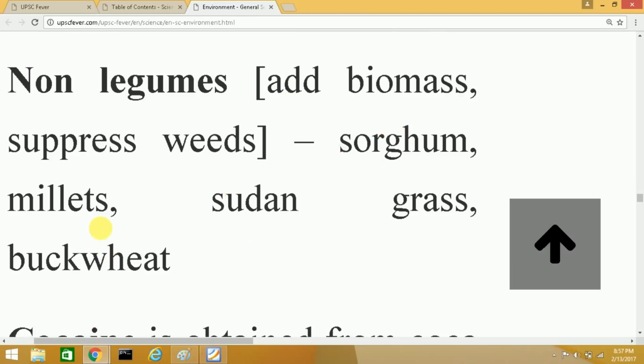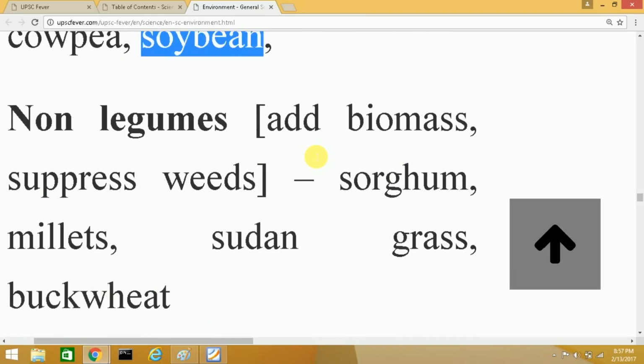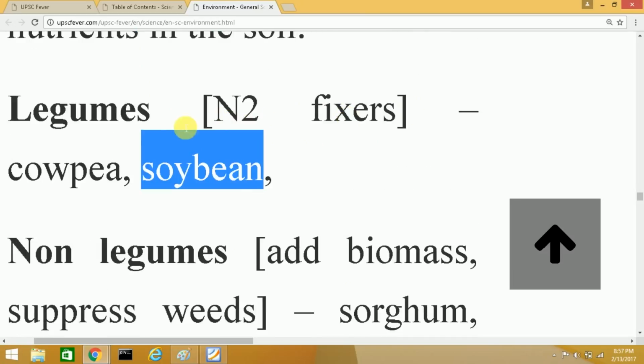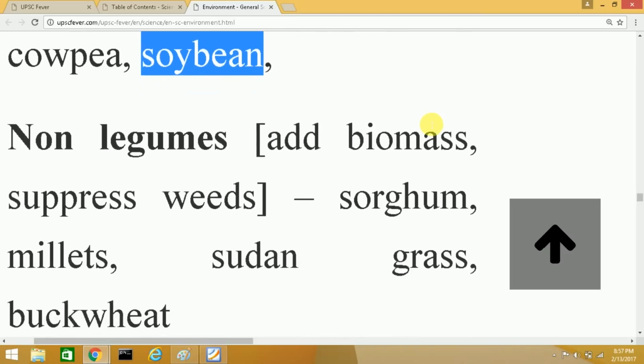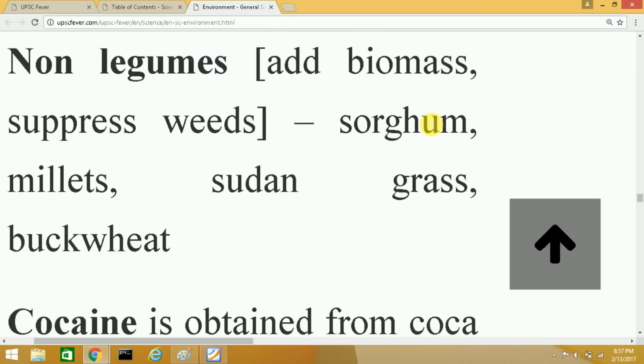The non-leguminous do not add any nitrogen content, whereas the leguminous are nitrogen fixers. So they improve the nitrogen content of the soil, whereas the non-legumes increase the biomass and also help in the suppression of weeds.